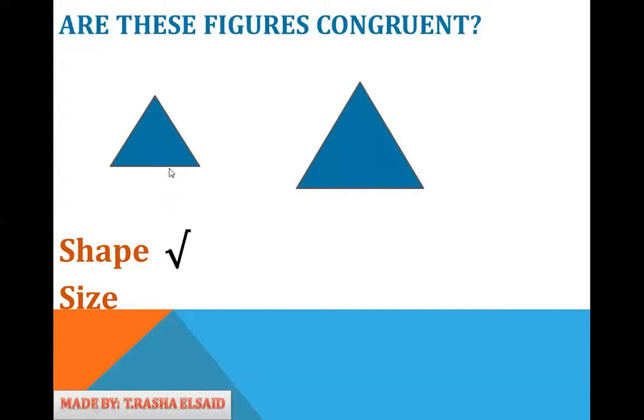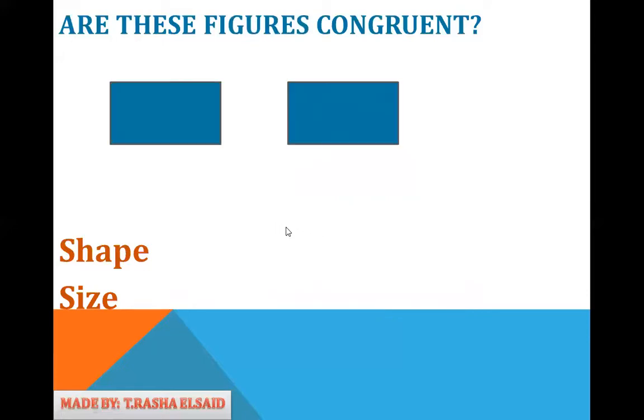I think the first one is smaller than the other one, or the second one is bigger than the first. So they don't have the same size. When we don't have the same size, we cannot say these figures are congruent. So we can say they are not congruent. The two triangles are not congruent.